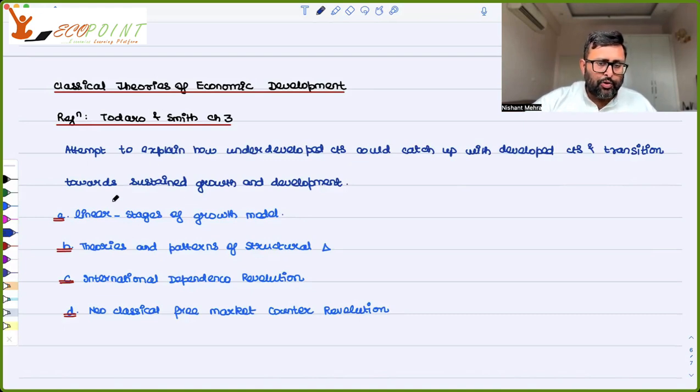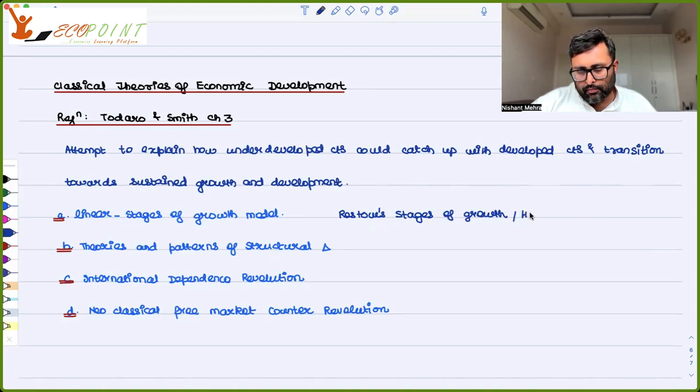And this is going to include models such as Rostow's stages of growth and Harrod-Domar model.